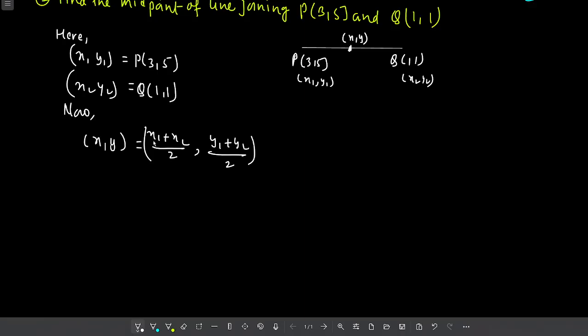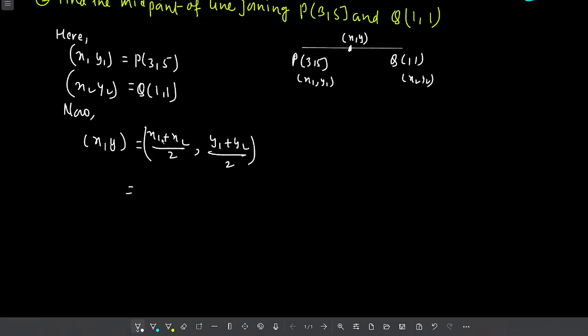So this is the midpoint formula. Whenever you are asked to find the midpoint, you can directly use the x and y components together. Sometimes if you are asked for the first point or second point, then we can use these components separately. We'll do those types of questions also.